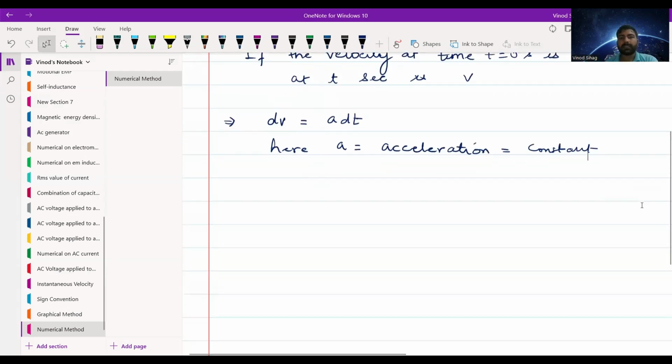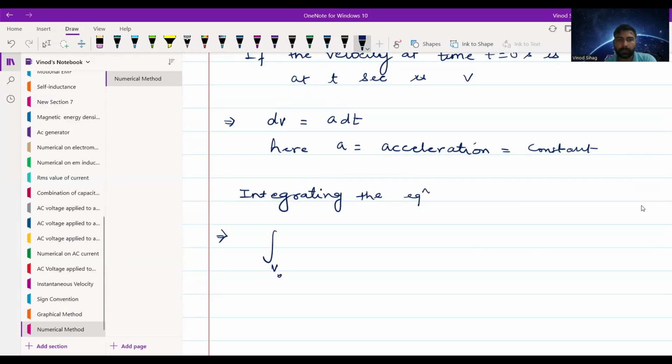Now let's integrate this equation. So what we will get, integrating the equation, we have to put the limits. The velocity is changing from v naught to v. So we have to put the limit according to that.